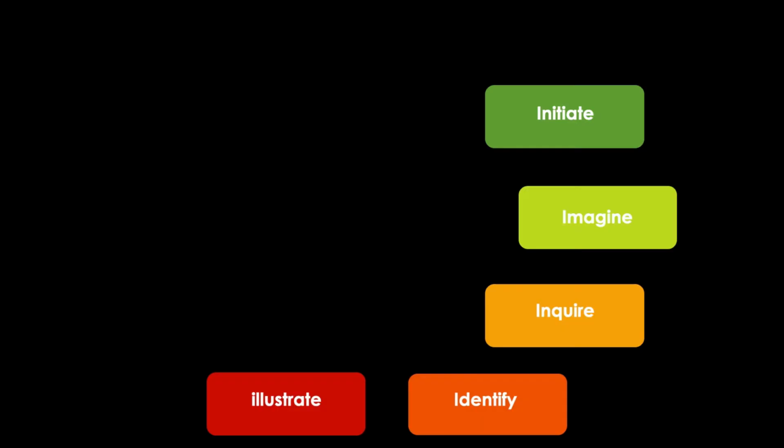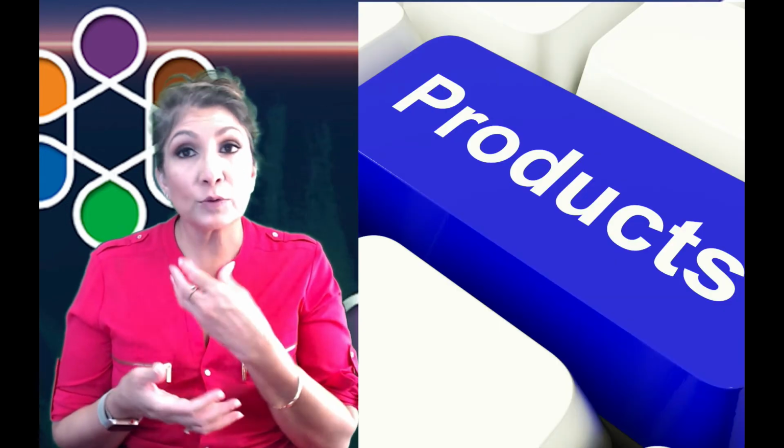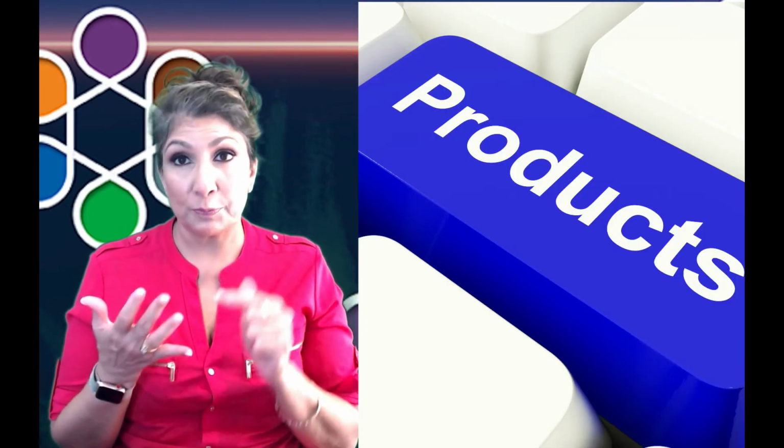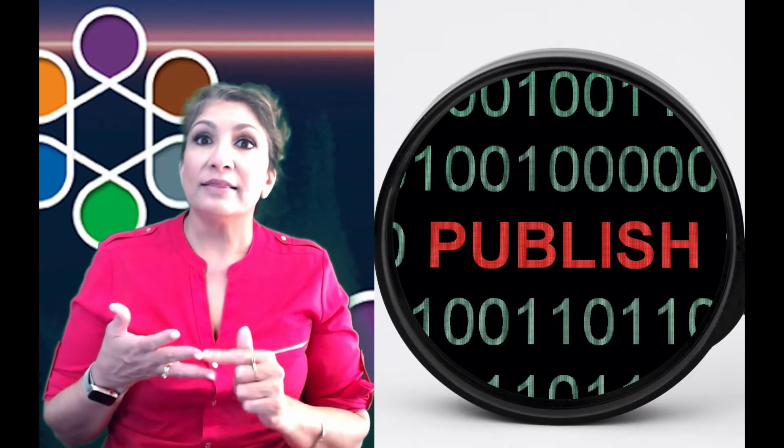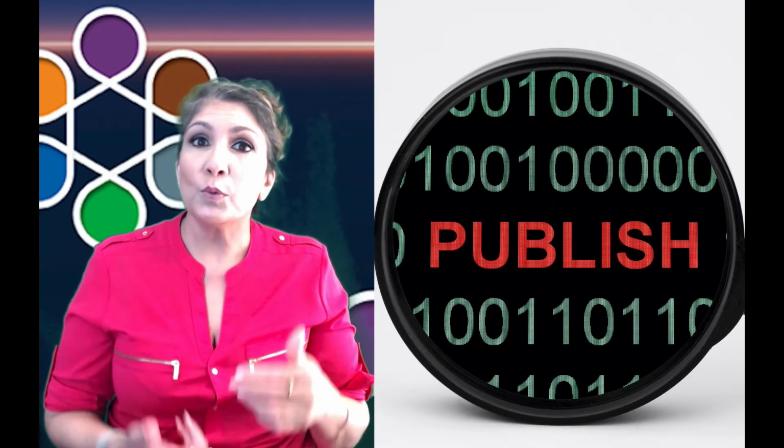The next step is implement, which has two components: produce and publish, where students create their product and or solution, which is the produce component. Then they present it to their target audience, which is the publish component.